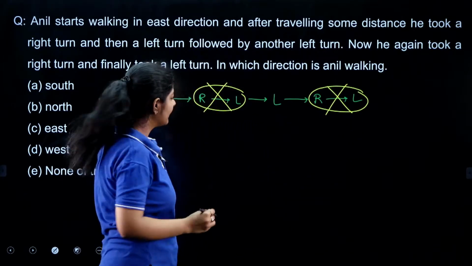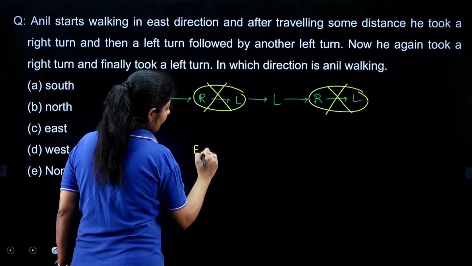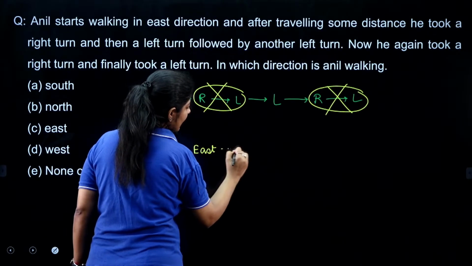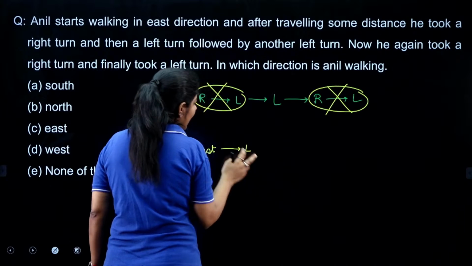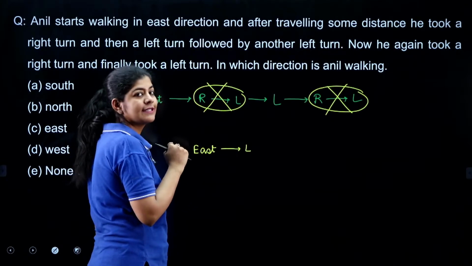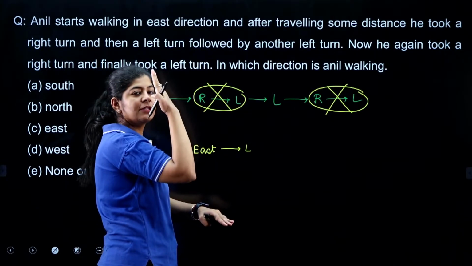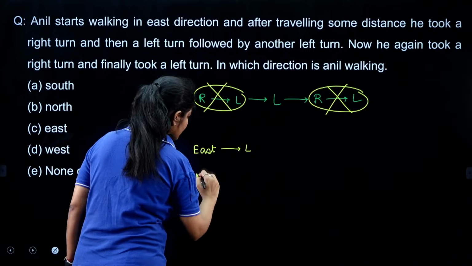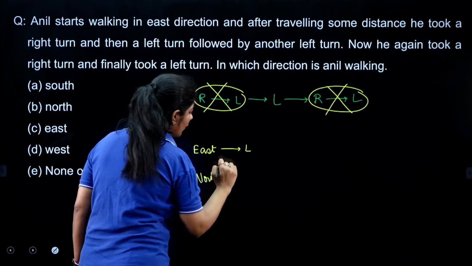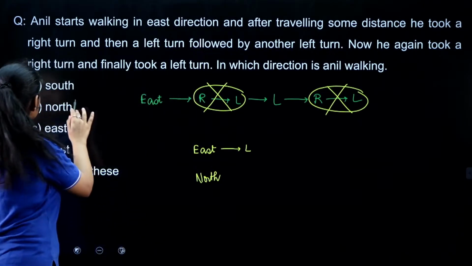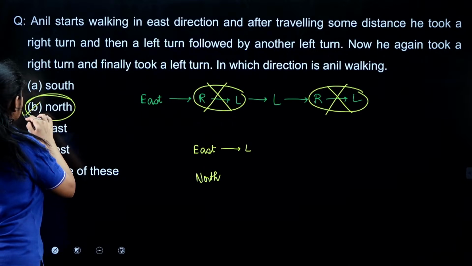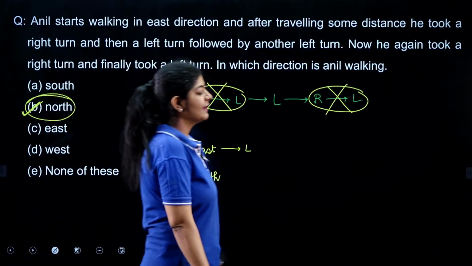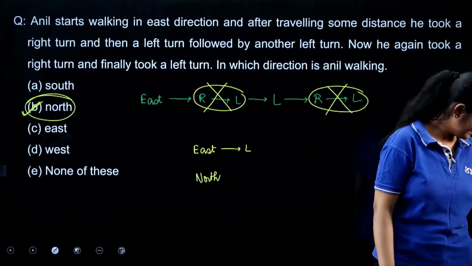Now the only thing that we are left with is the person is facing in east, and after that he took a left turn. And the left turn of east is nothing but anti-clockwise. That means we will come in the north direction. That means your option number B is the correct one, right?